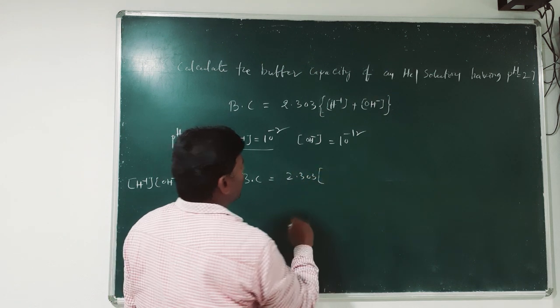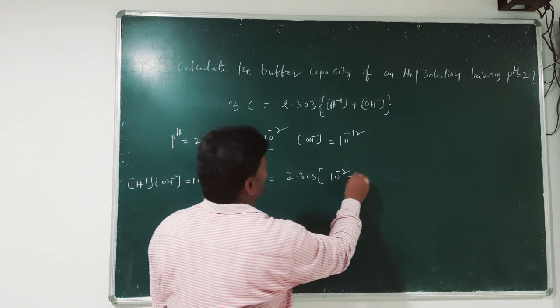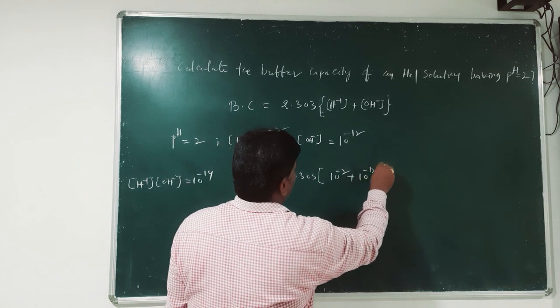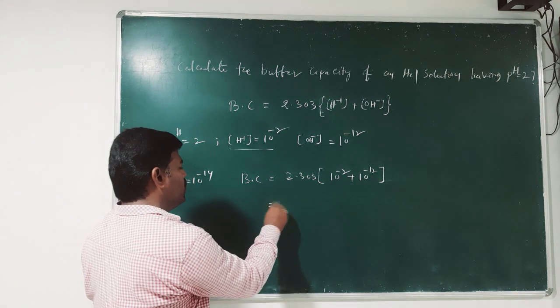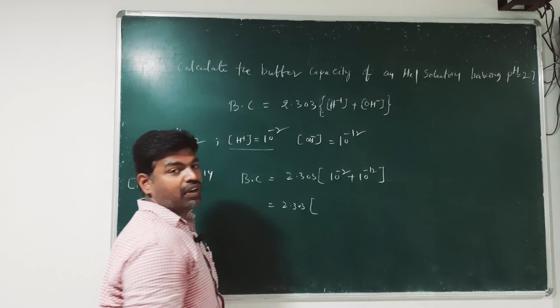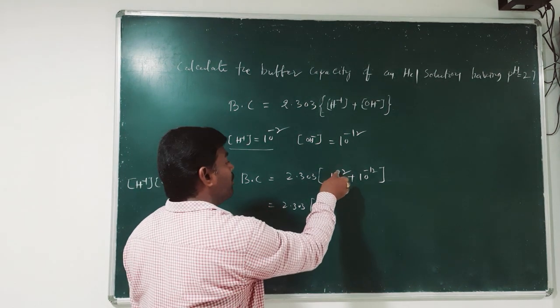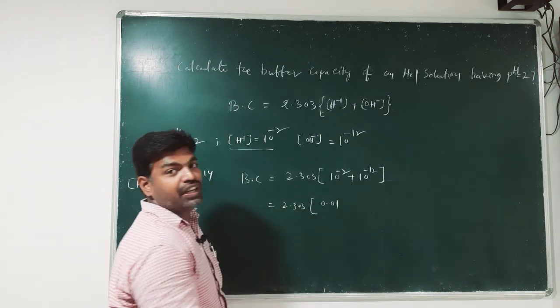So buffer capacity is equal to 2.303 into the concentration of H plus ions, that is 10 power minus 2, and the concentration of OH minus, which is 10 power minus 12. 10 power minus 2 is 1 by 100, which we can write as 0.01.